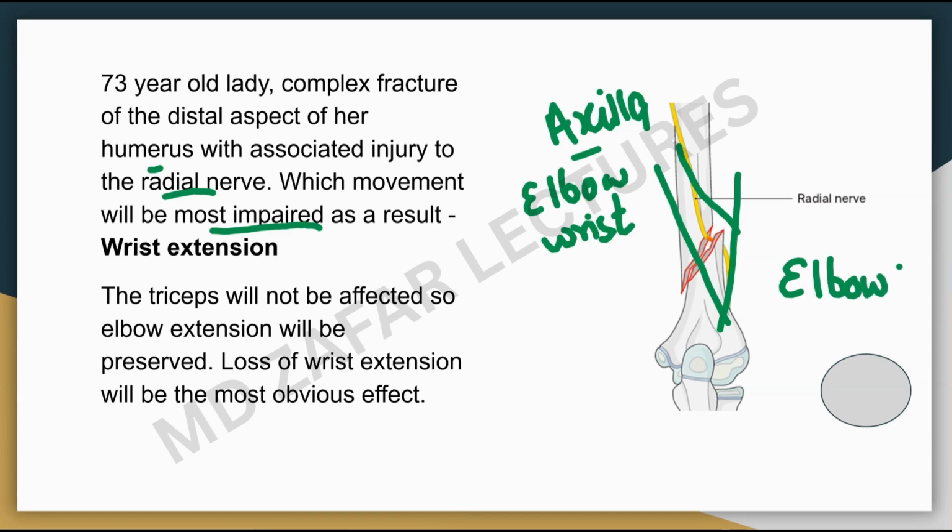So elbow extension will be either fully present or weakly present, whereas wrist extension will still be completely absent. So you need to know the levels at which the radial nerve can get injured and what the clinical picture will be. In the axilla, there will be absence of elbow extension as well as absence of wrist extension. That is the difference between the two levels of injury of the radial nerve.